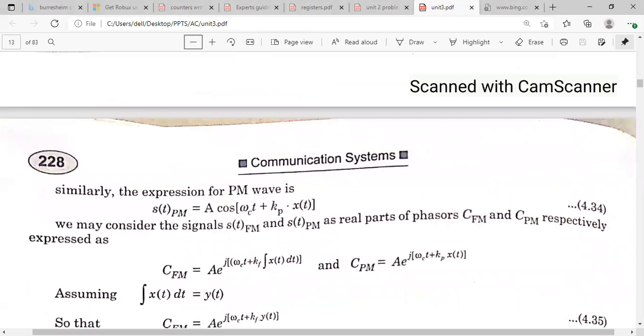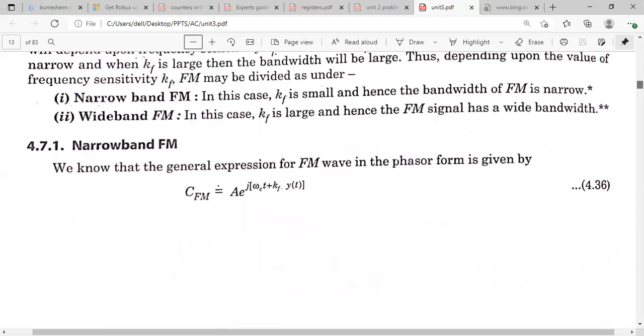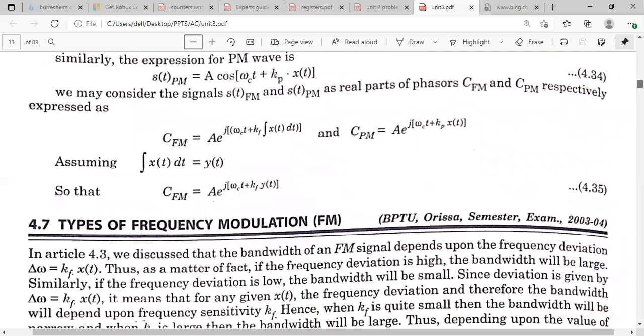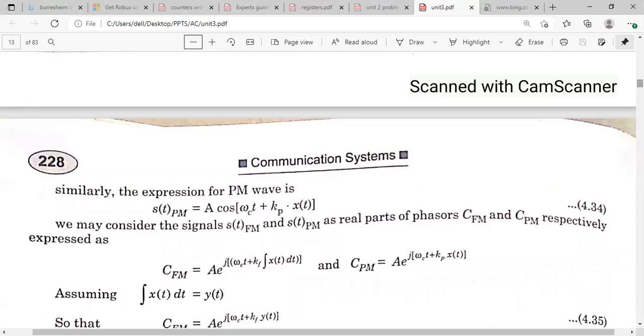I'm going to write this expression in complex form. We know that e power j theta is cos theta plus j sin theta. In the same way, I write the FM wave as A into e power j of omega ct plus kf integral of x of t dt.